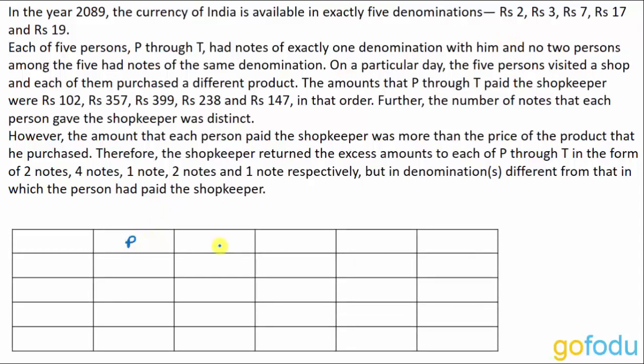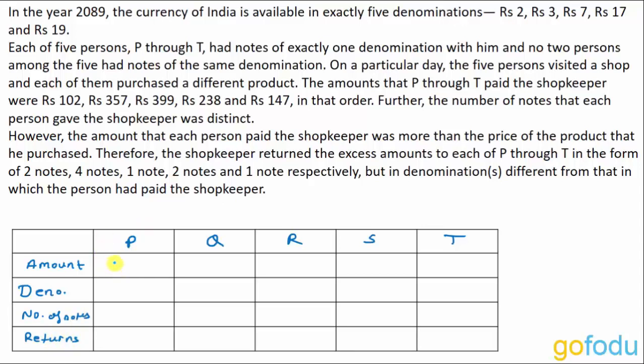Now, here we have P, Q, R, S and T, and in this column we will have the amount that these persons paid to the shopkeeper, denomination, number of notes and return notes that the shopkeeper gave to each of these persons.